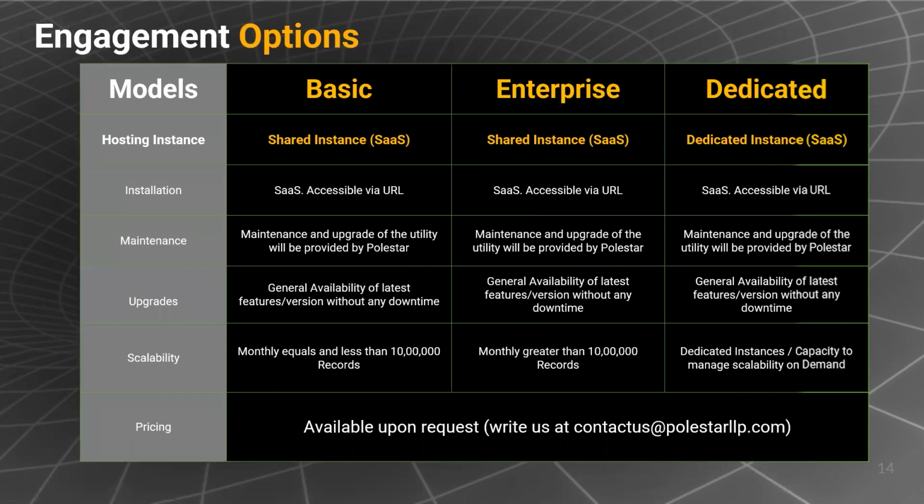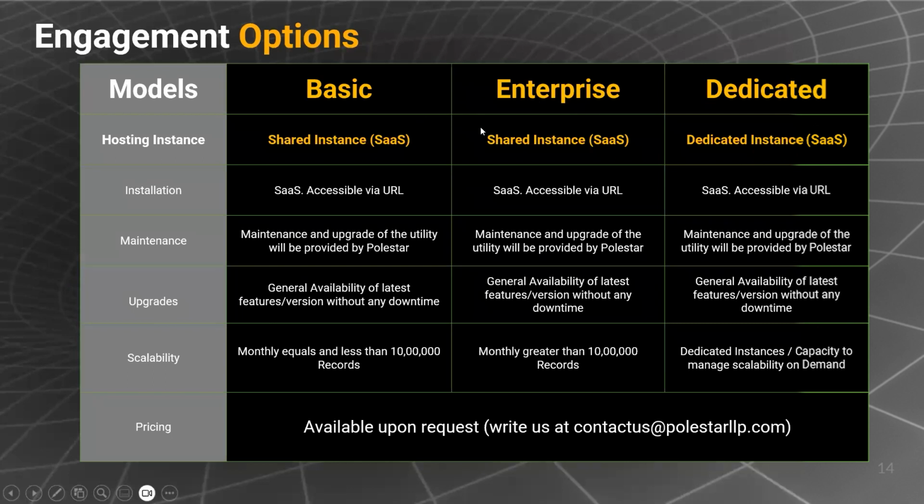Now, how do we actually get into the engagement of Polestar utility? As I said, this is a purely SaaS subscription-based product, where we have a basic model, an enterprise model, or a dedicated model.